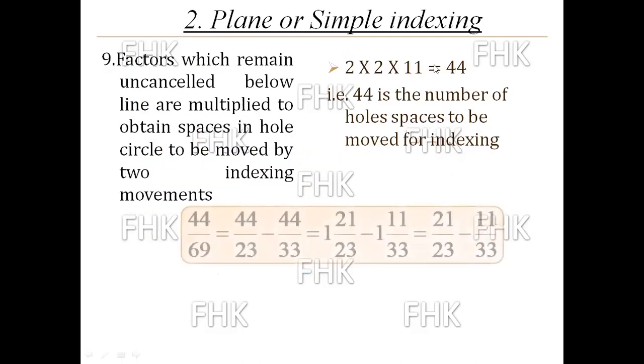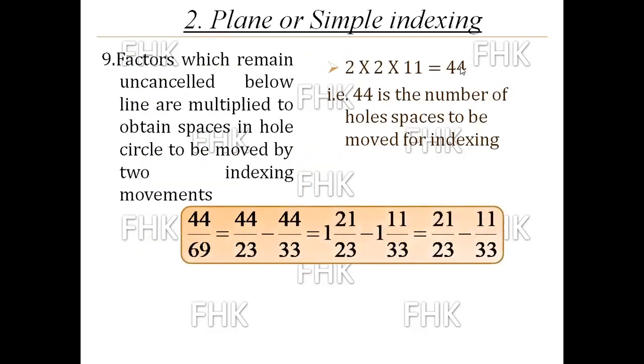Instead of 40, you are writing the product of the remaining factors. So 44 divided by 69 is equal to, in the numerator, again 44 in the first term and 44 in the second term, divided by capital N1 which is 23, minus capital N2 which is 33, the combination chosen by you.